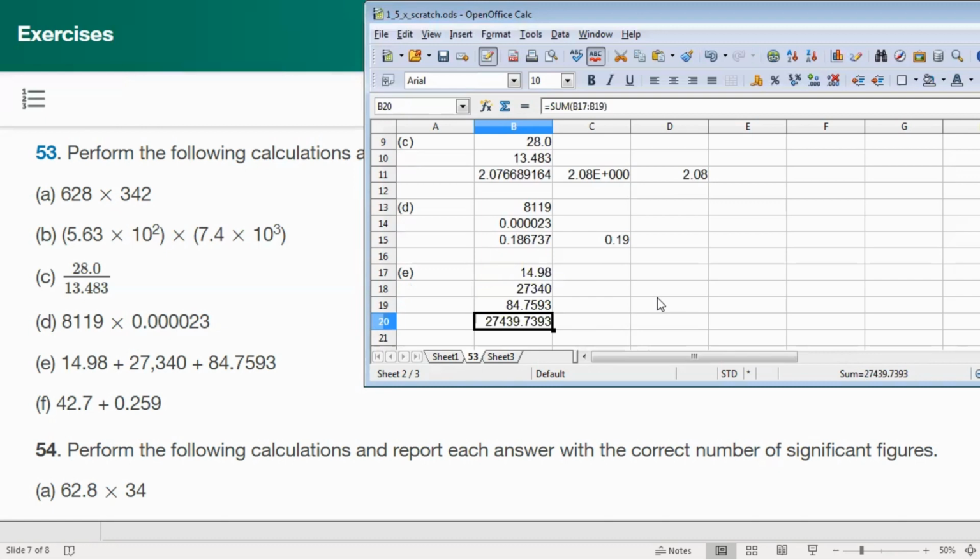And what we're supposed to do according to the rules is the number, is the input with the smallest number of, we try to match the number of decimal places.